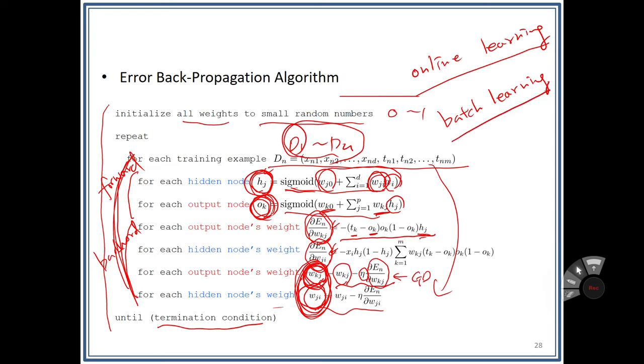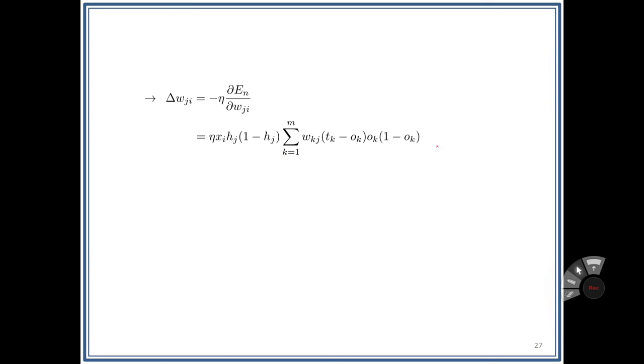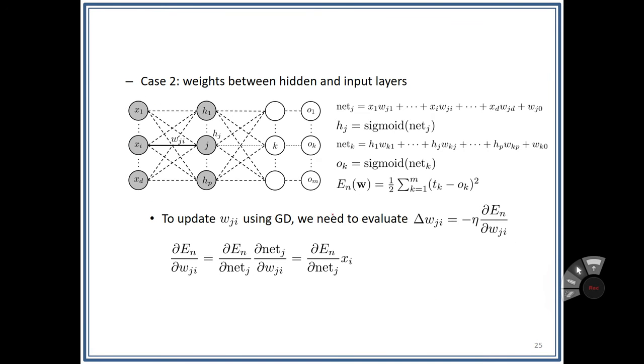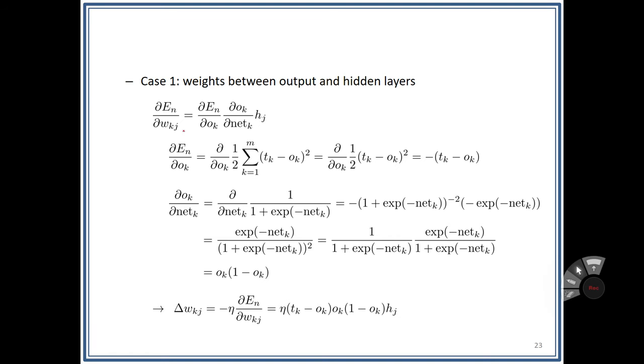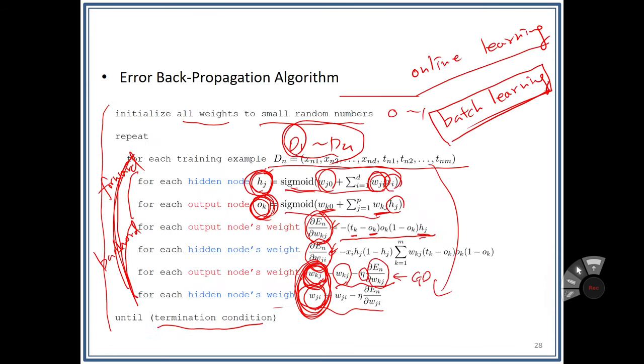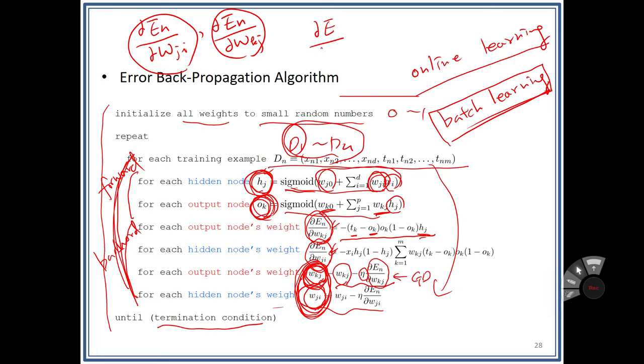We do not cover this in detail, but in this case, from this whole slide, we find the partial derivative of E sub n over wji and of E sub n over wkj. Instead of evaluating these two, we can directly find this one.